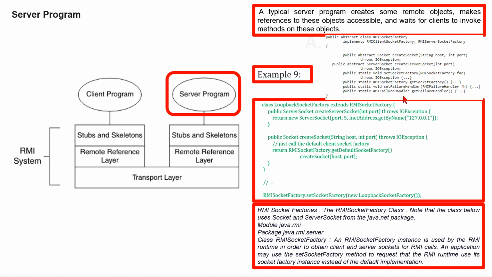Note that the class below uses Socket and ServerSocket from the java.net package. The static method setSocketFactory is used to set the socket factory from which RMI obtains sockets. The application may invoke this method with its own RMISocketFactory instance only once.